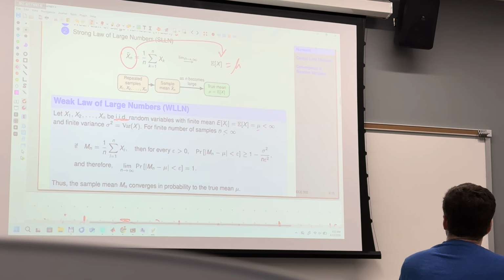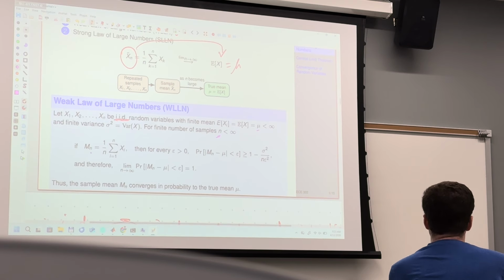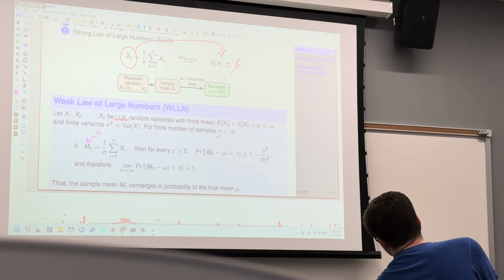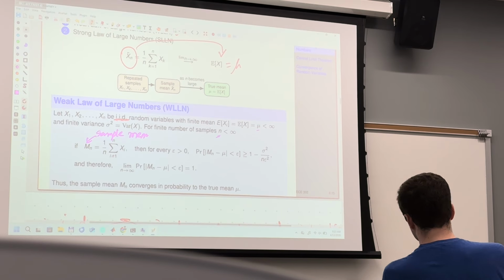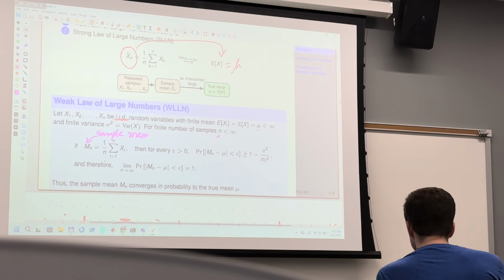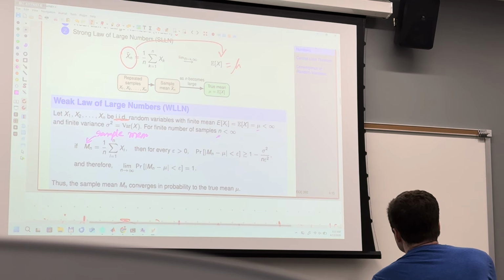So for a finite number of samples, we compute the sample mean, which equals 1 over n, summation i equals 1 to n of x i.